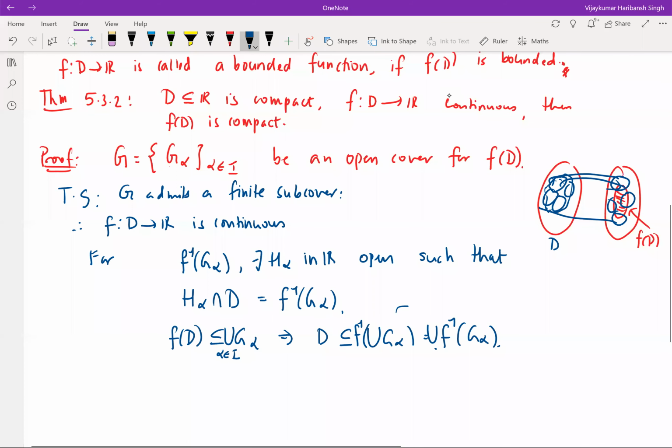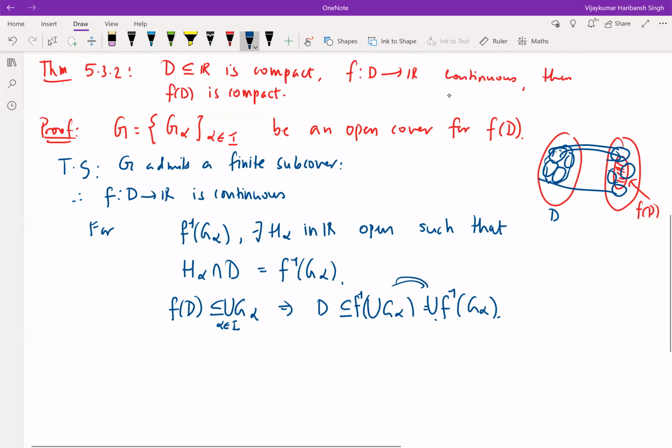These kinds of identities you should prove from set theory: f inverse of the union of G alpha is the same as the union of f inverse of G alpha. Okay, this is not true for intersection though.